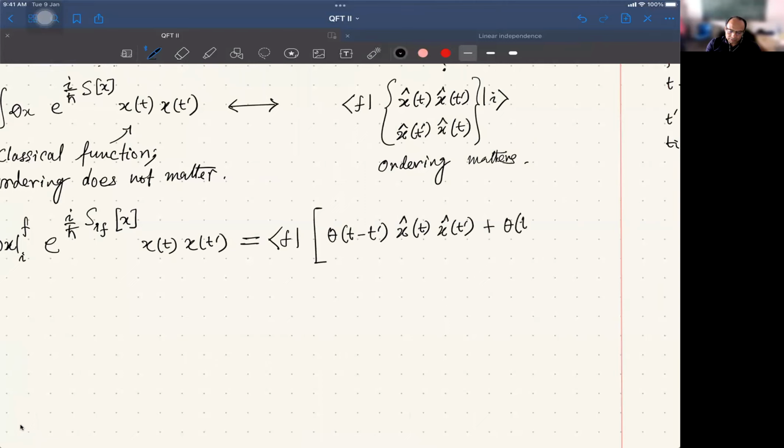If it is t prime that is greater than t, then it will be x hat(t prime) x hat(t).